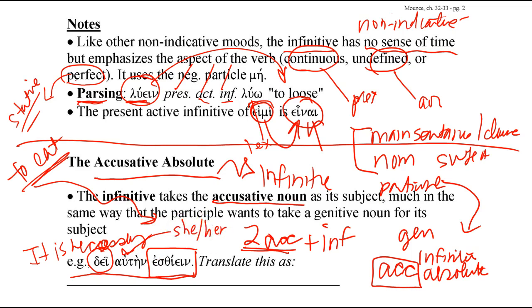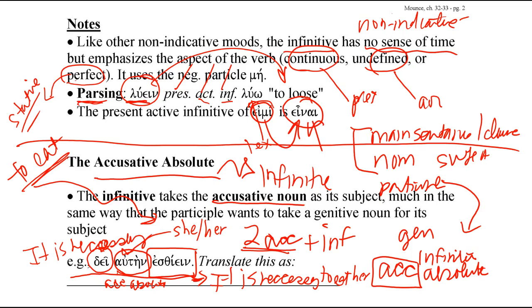And you might be tempted, well, should I translate that as it is necessary to eat her? While grammatically that's a possibility, likely, the author is not prescribing cannibalism. And so this here, autain, just because of what the sentence means, cannot possibly be the direct object of the sentence. Here, this has to be the accusative absolute. Autain, she, is the subject of this infinitive phrase.